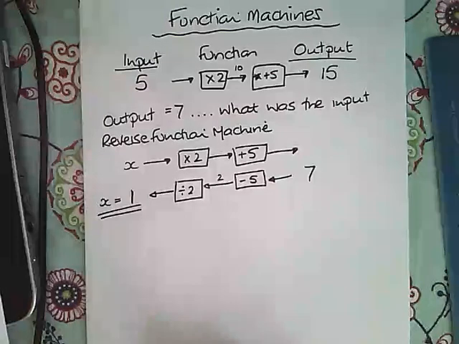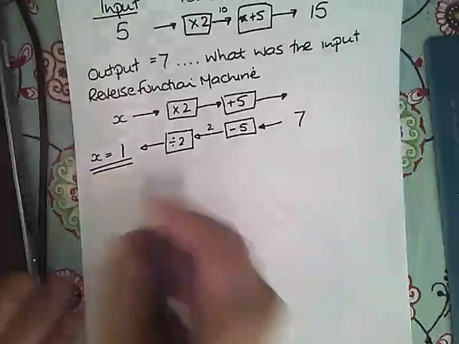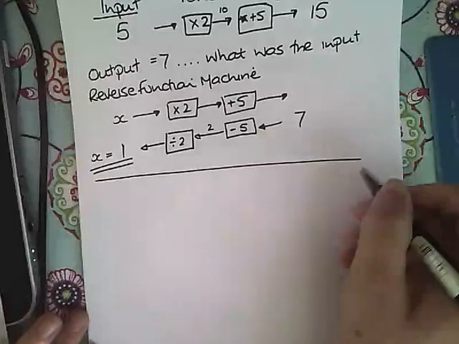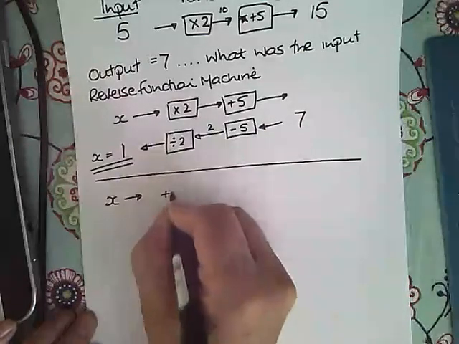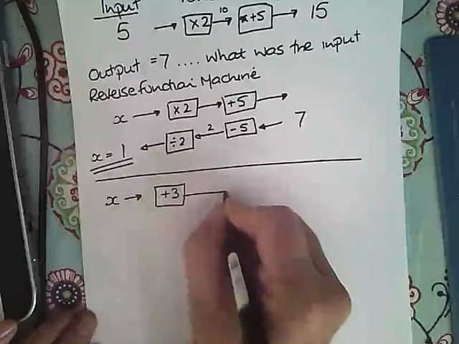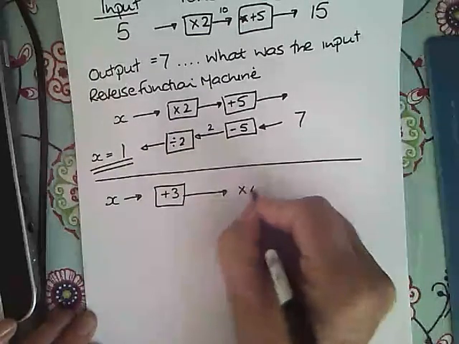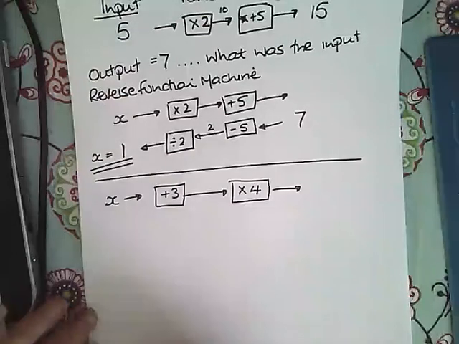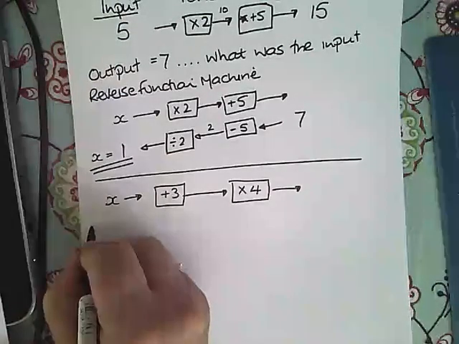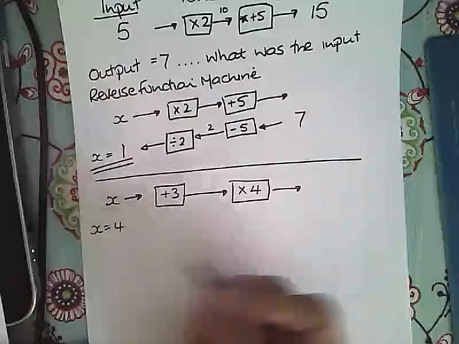Right, let's do another example of a function machine. So this time I've got a number going in. I'm going to add 3 to it first of all. I am then going to times that answer by 4, and I'm going to have an output. If I use x equals 4 as my input, 4 goes in.